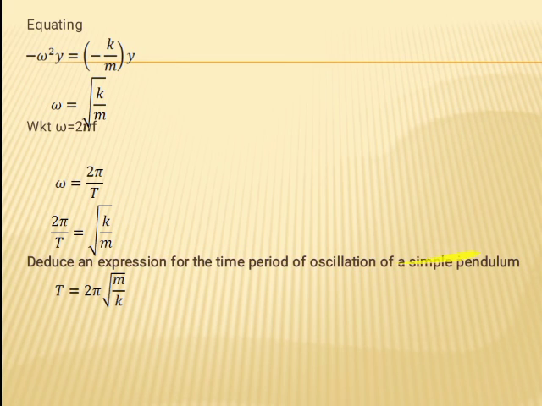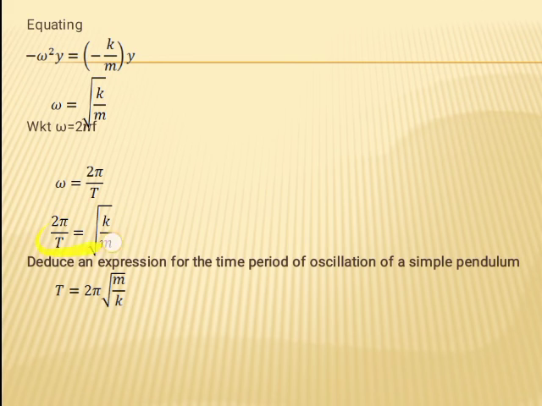Now what is the thing you would get? It is T is equal to 2 pi root m by k. You are rearranging, and the target now is to calculate the time period, right?